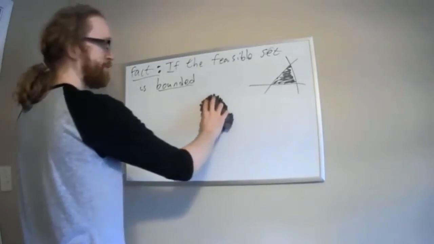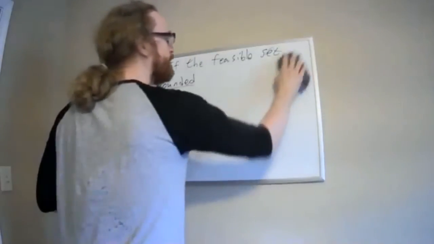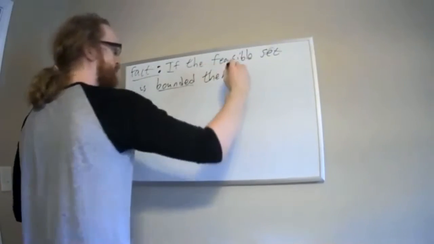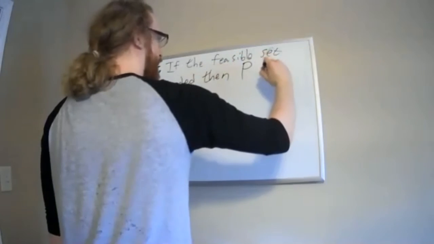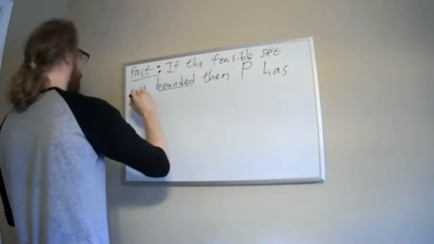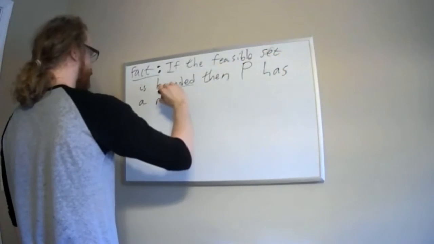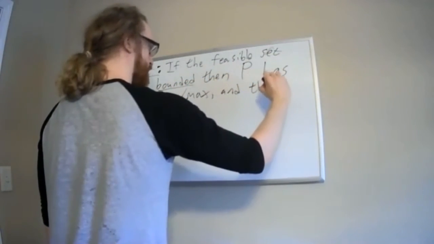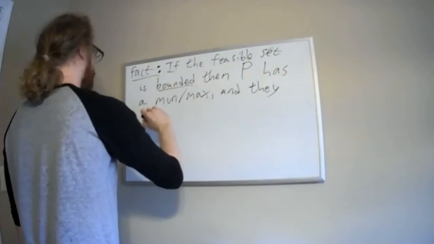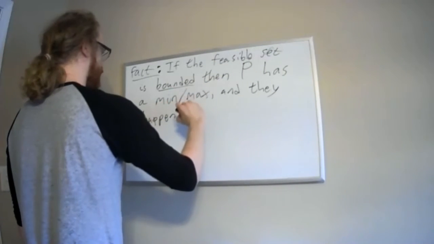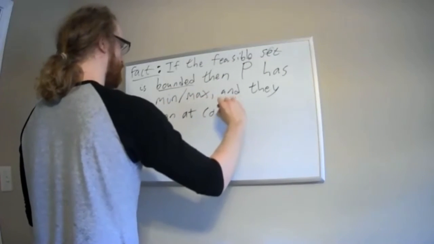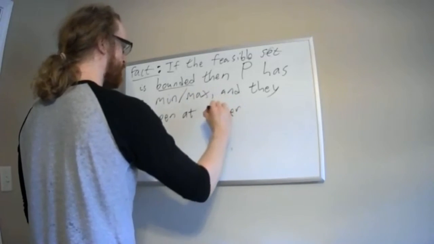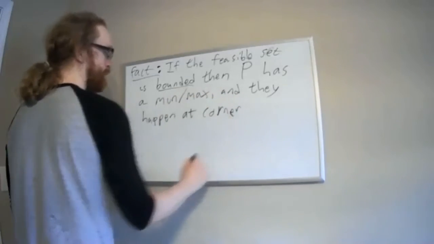I told you that we'd like bounded ones, and here's why. If the feasible set is bounded, then P, our objective function, has both a min and a max, and they happen at a corner point, or at corner points, I'll say. The min and the max will probably happen at different corner points.